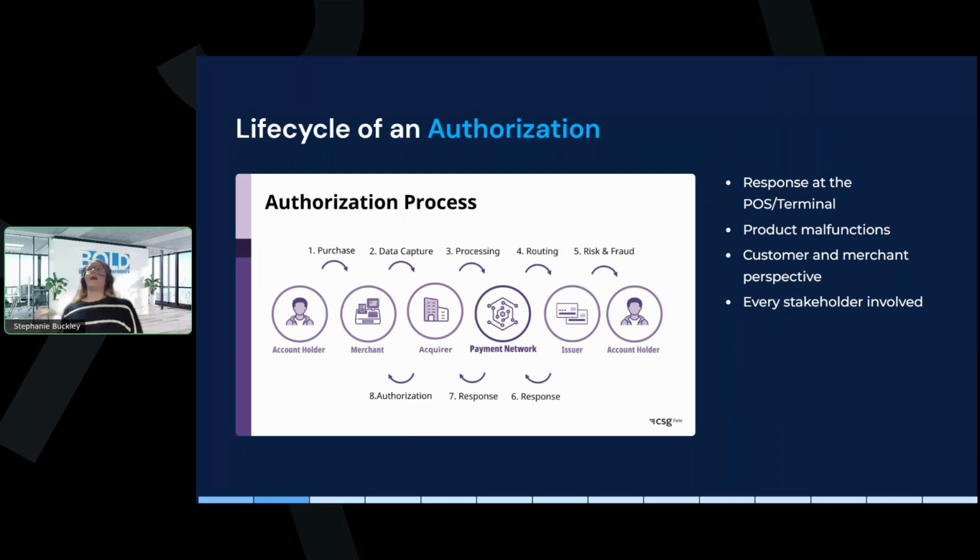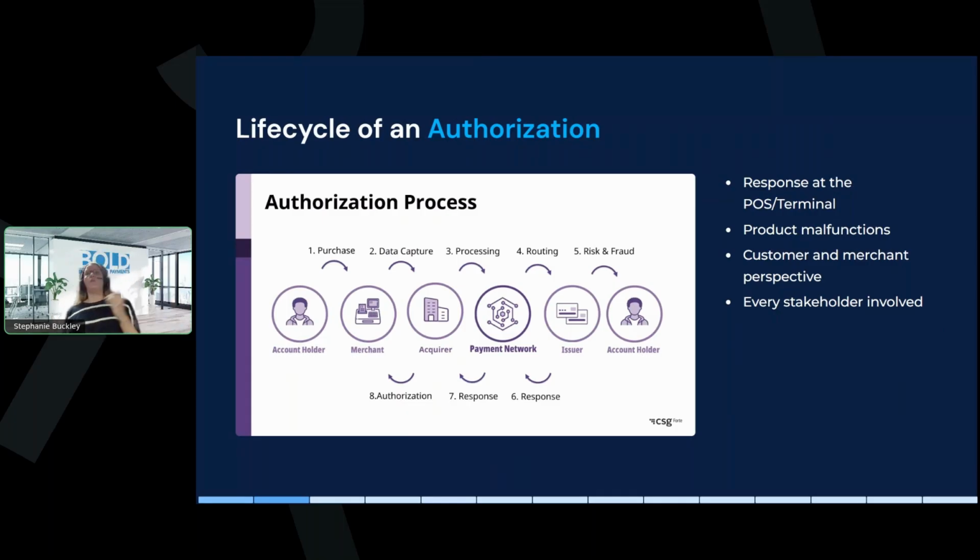Then it will pass through to the card networks, where it will transfer the communication to the cardholder's bank, where it will then have a confirmation on whether or not that transaction is allowed to go through.